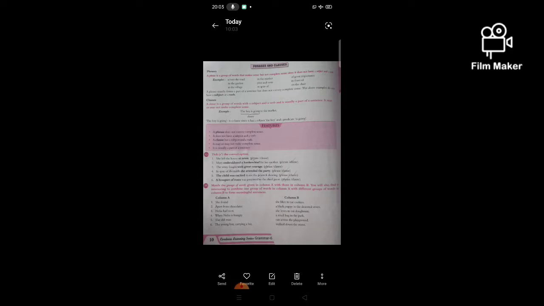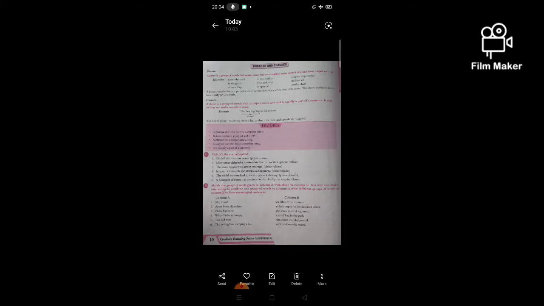We have some examples here: across the road, in the market, of great importance, in the garden, pros and cons, in front of, at the village, in spite of, on the chair. A phrase usually forms a part of a sentence but does not convey complete sense.